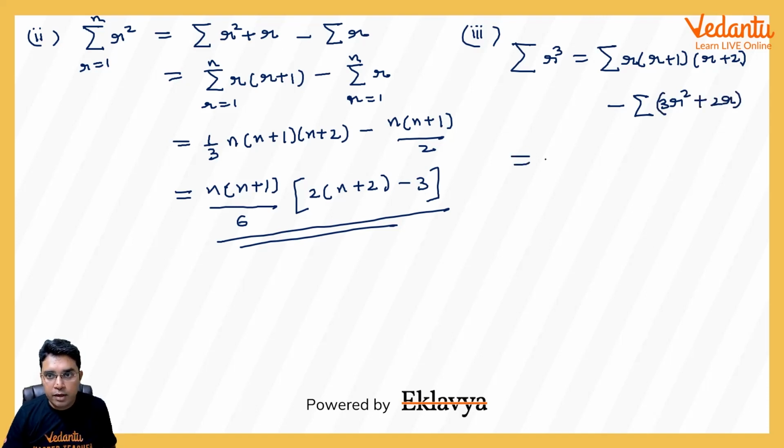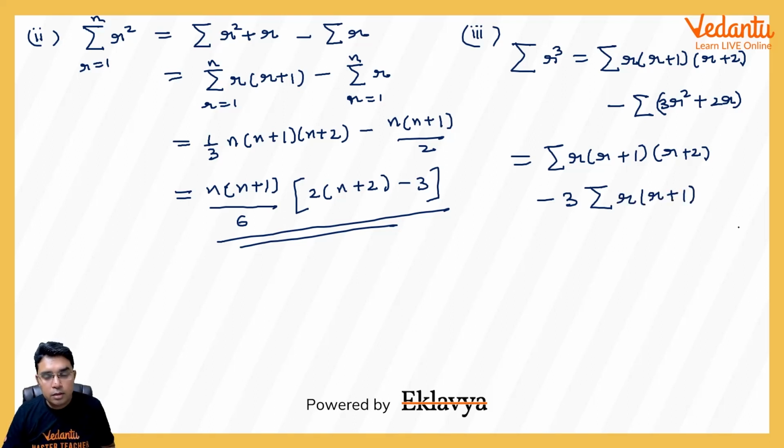So I will further write this as r into r plus 1 into r plus 2, and minus, I will take 3 common, then it will become r into r plus 1. I have written 3r square as 3 common, r into r plus 1.